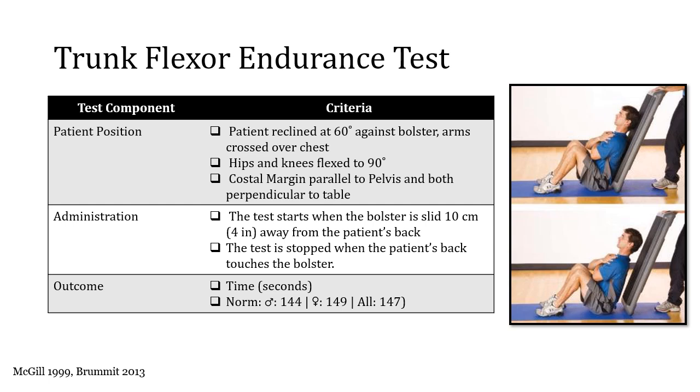They're held 4 inches away, and they should maintain that 4 inches, or 10 centimeters. You can see the normative times shown there with an average of 147 seconds, just shy of 3 minutes, about 2.5 minutes for both genders.